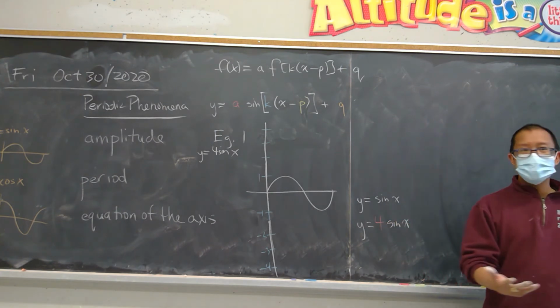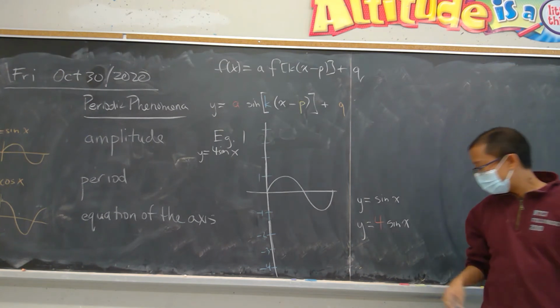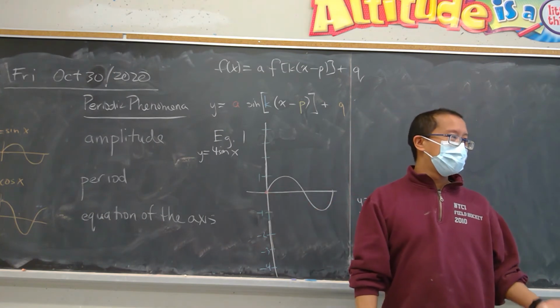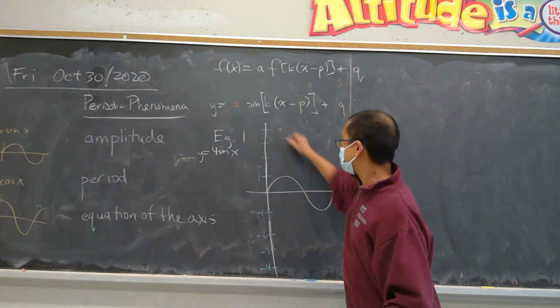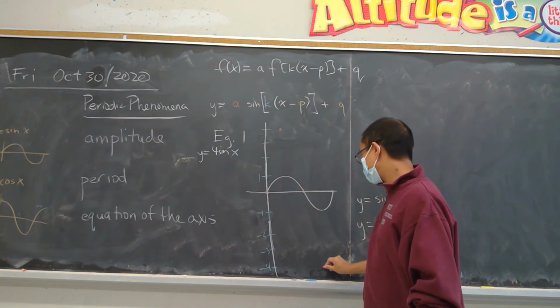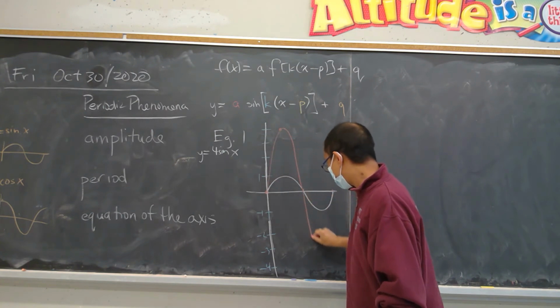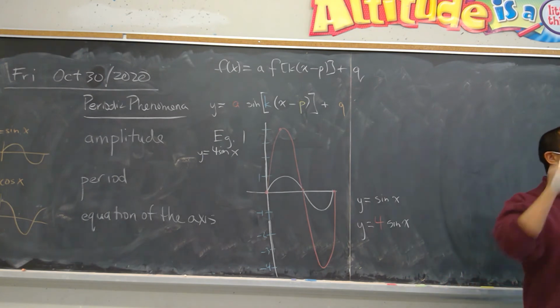A lot of you already understand, I think, it's going to stretch vertically. So technically, we could use the mapping rule. We can, but most students actually innately know what I'm doing really fast. So let's just ask an obvious question.